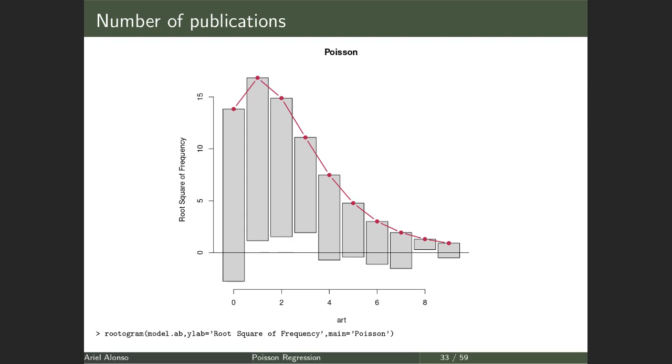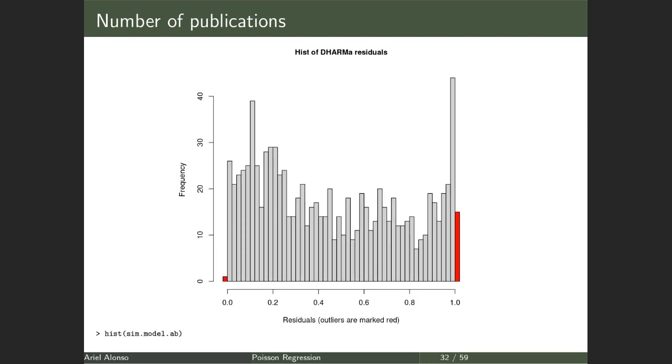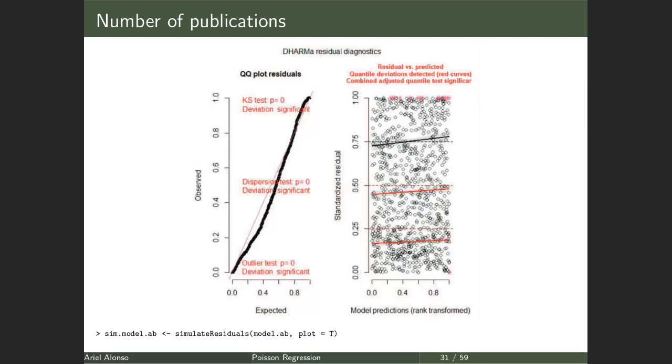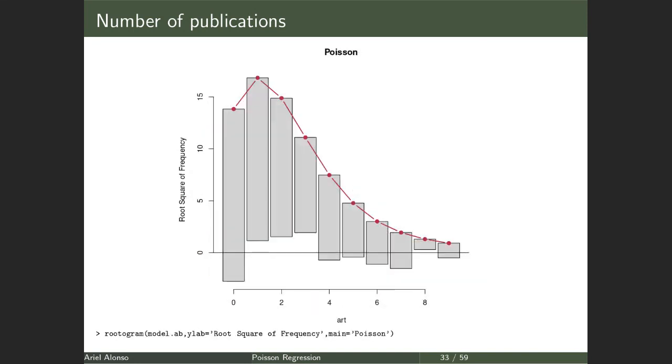So clearly, whether you look at the previous graph over here, or the previous graph over here, or the rootogram over here, we see that the model is misfitting. We are actually missing important features of the data here.